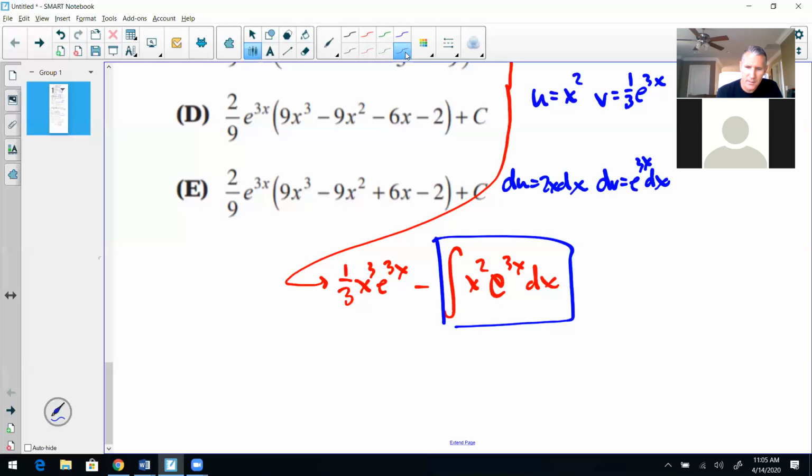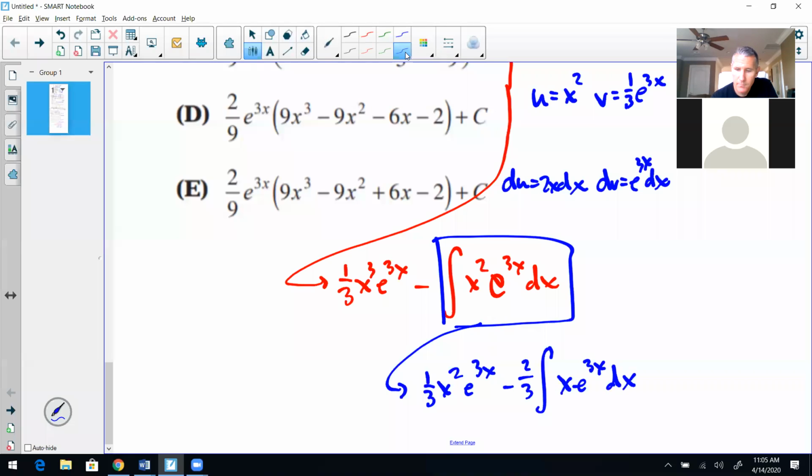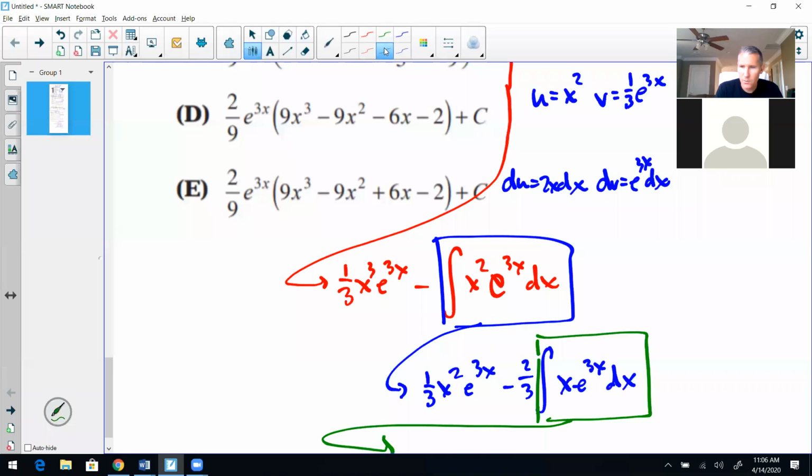And so this integral becomes uv minus the integral of v du. Again, I have my 2 and my 1/3, so I'm going to bring out the 2/3 right there. And now I have this integral. So guess what I need to do? Do it again.